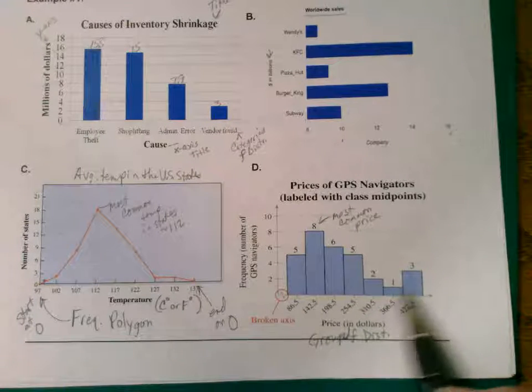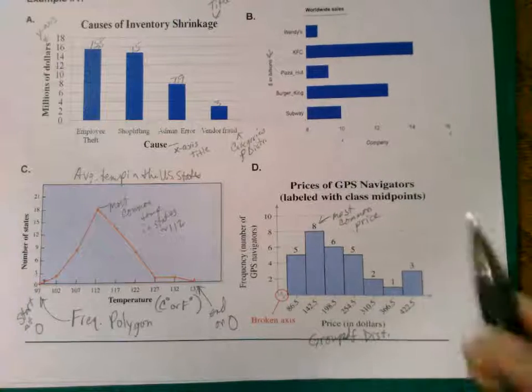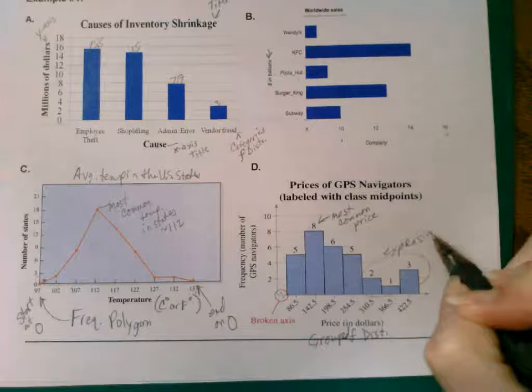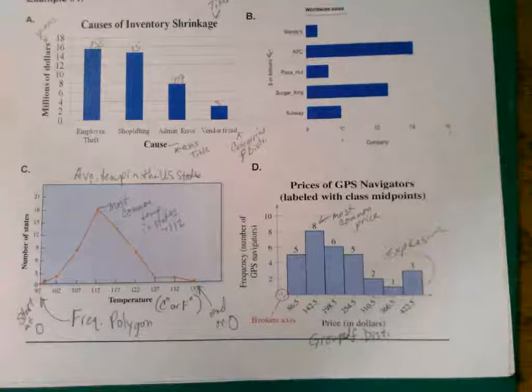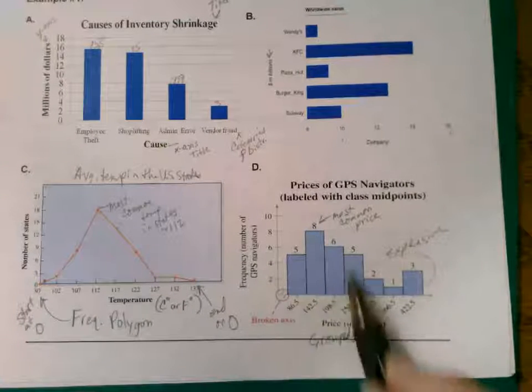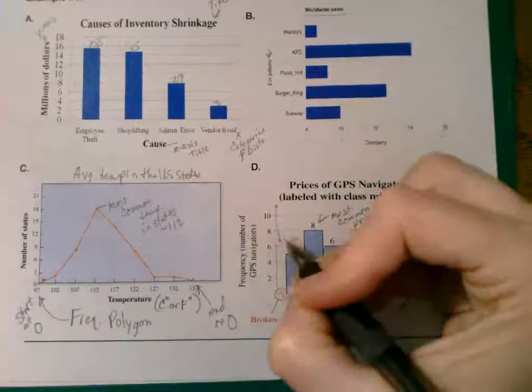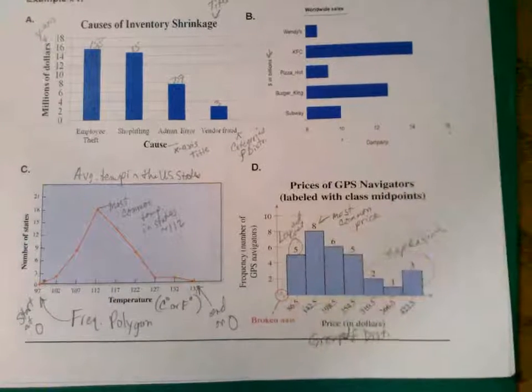Okay, there were some expensive ones up this end. These were kind of the more expensive. There wasn't that many of those. Seems like most GPS that you would buy is down here. This is the lowest cost class. Okay. So just information that you can get from a graph.